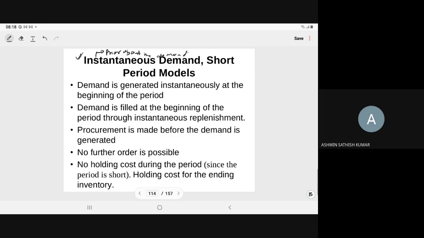It is a short period model. So demand is generated instantaneously at the beginning of the period, means it is such a short period in which you cannot reorder as per the current demand. So you have to judge your short period demand prior to that period.